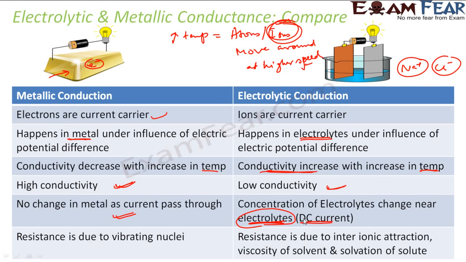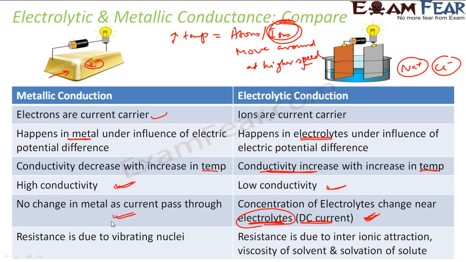This is something we'll see in the next few slides. Also, the Nernst equation implies the same thing. For a cell, the concentration changes over a period of time. And here also, since the same electrolyte is used for a long time, the concentration will change.